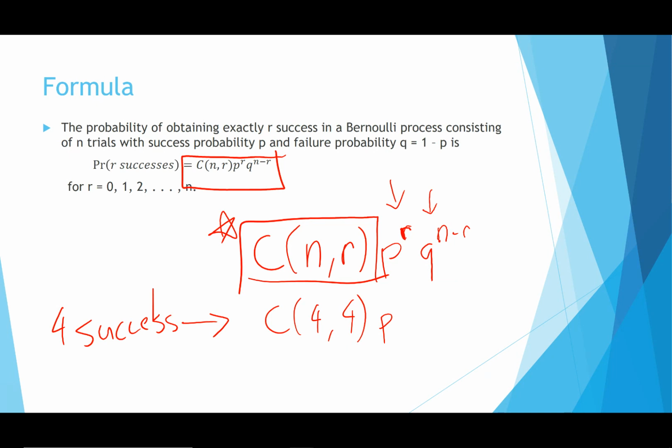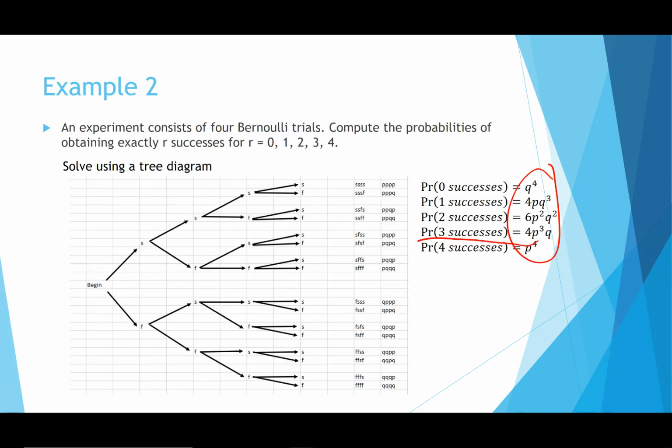But R represents exactly the number of successes we had. So we had all 4 successes, and then Q represents the number of times we failed. We had none of those, right? Or you can think of it as N minus R. So again, that's 4 minus 4, which would be 0. So this comes out to 1 P to the 4th, Q to the 0, which is just 1 P to the 4th, which explains this right here, probability of 4 successes.